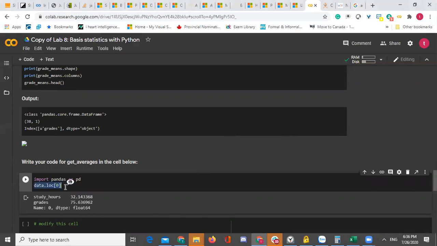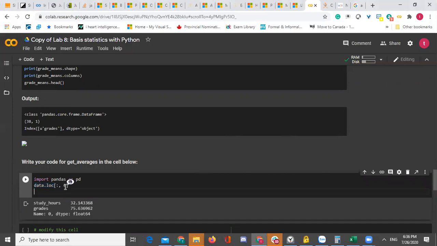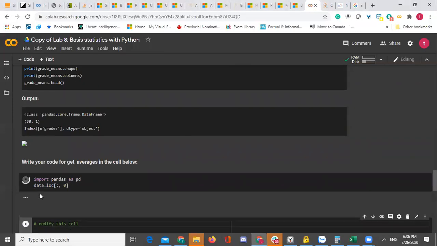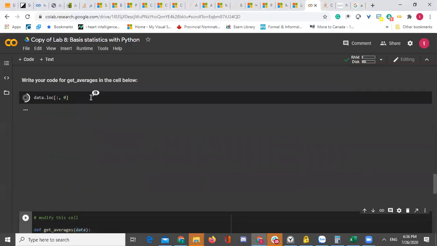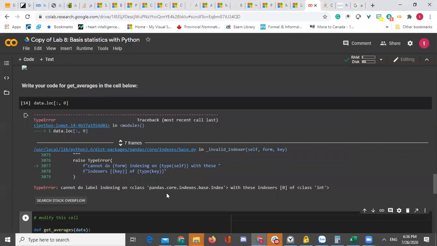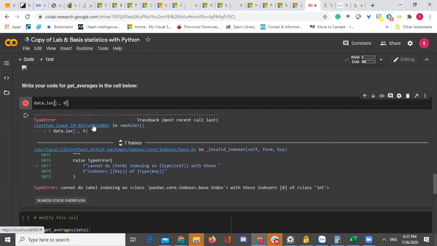I see what my issue is. Oh, that's so silly. So the first one is the row, all the rows, and then the first column only. Try to put iloc instead of loc.